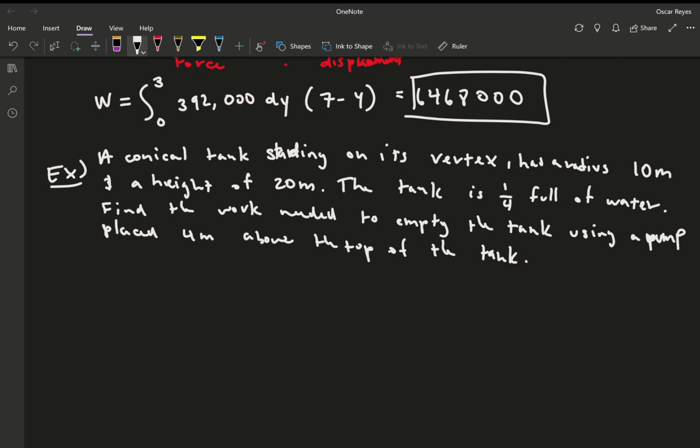Okay, we're going to give that the density of water is 1,000 kilograms per meters cubed.